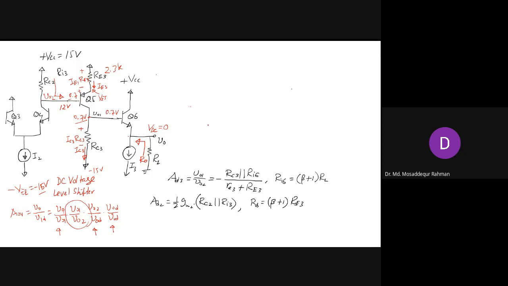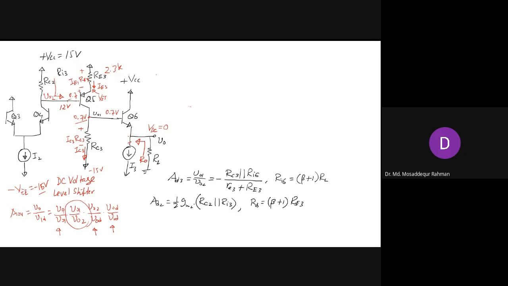Something in parallel with infinite becomes infinite. You said this is connected to the emitter, right?